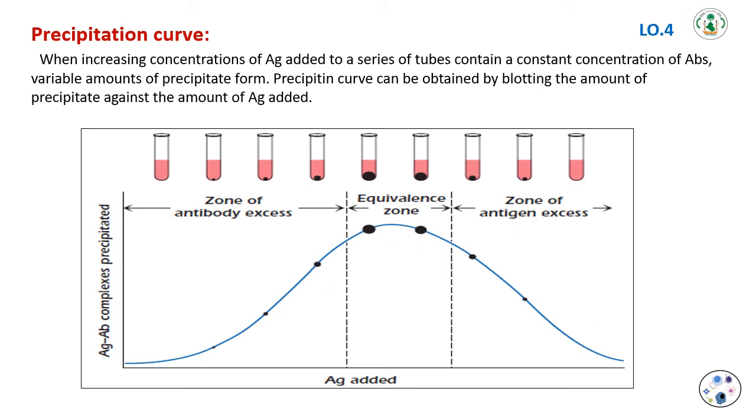When increasing concentrations of antigen are added, as we mentioned in the previous slide, to a series of tubes containing a constant concentration of antibody, variable amounts of precipitate form. The precipitin curve can be obtained by plotting the amount of precipitate against the amount of antigen added, and we can measure the precipitate in that case.